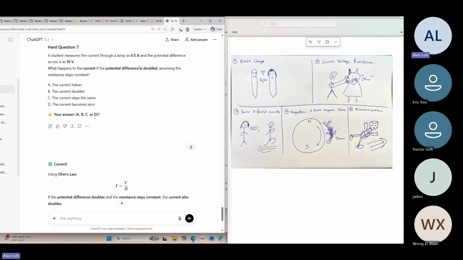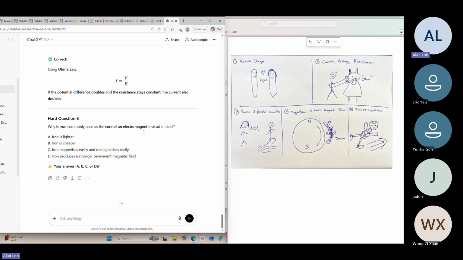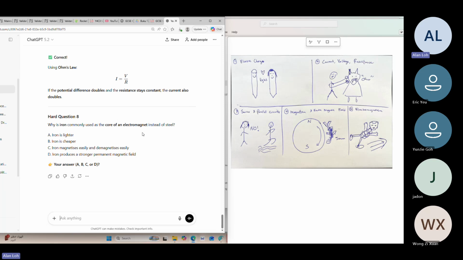So if the V is now increased to 20 and the 0.5 is still 0.5, what happened to the R? You have to double the R, to 40. Yes, excellent. Okay, so question number 8.